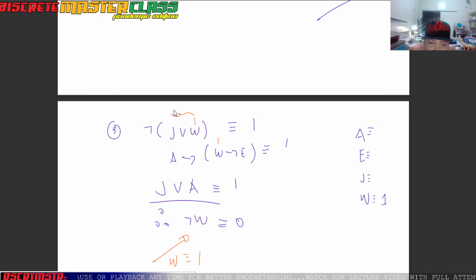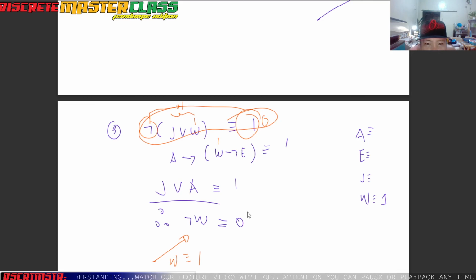Eto, we can right away say, even though we don't know the truth value of J, because this is disjunction, this is 1. And knowing that not 1 is 0, hindi pumapayag yung premise number 1 sa gustong mangyari ng assignment na to. Bakit? One way is because hindi mo siya kayang i-0.